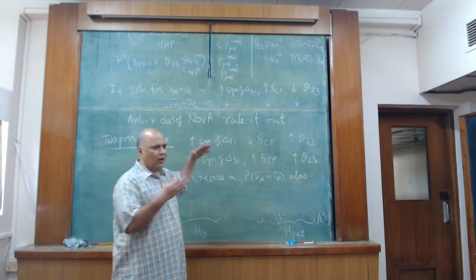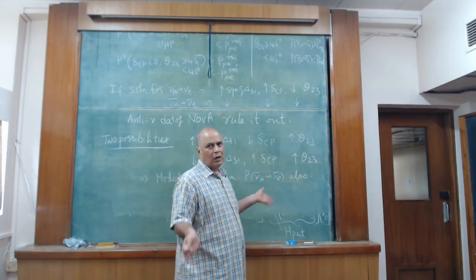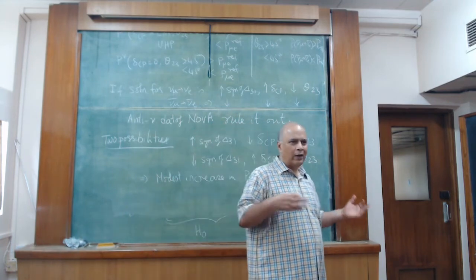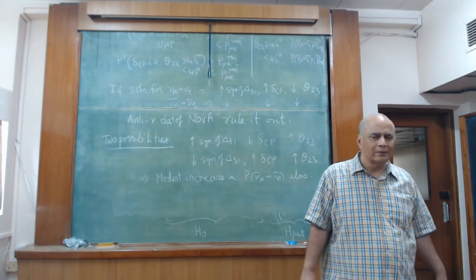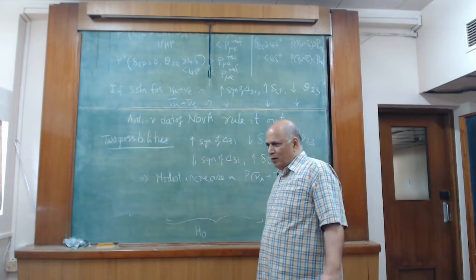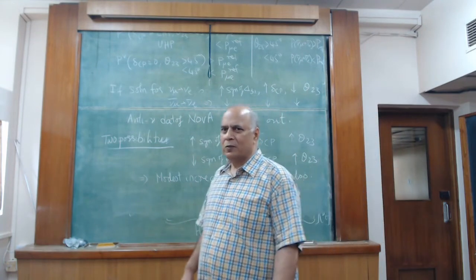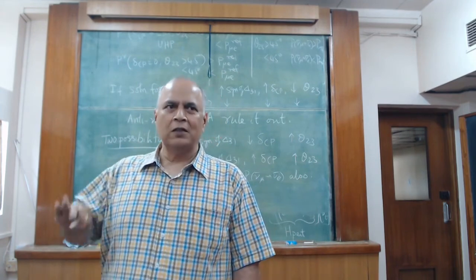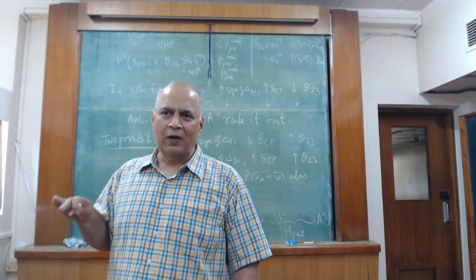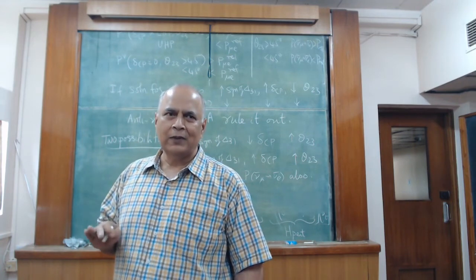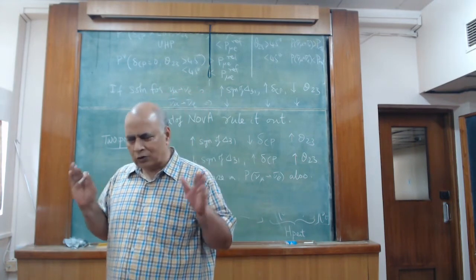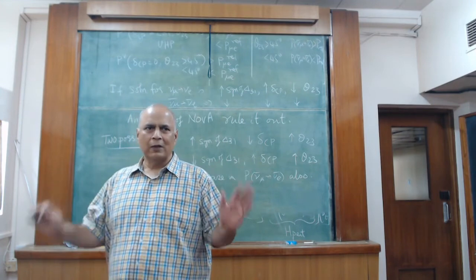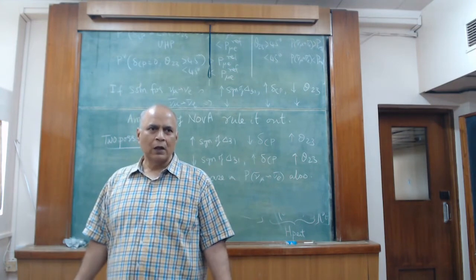But okay, we have T2K also, so combining NOVA and T2K, can we make a distinction? In principle, it should be possible, but the statistics in both experiments as of now are limited enough that we actually do not have an exact solution.